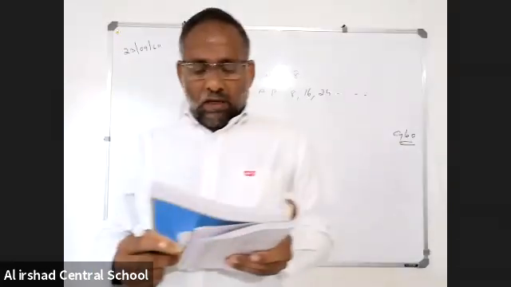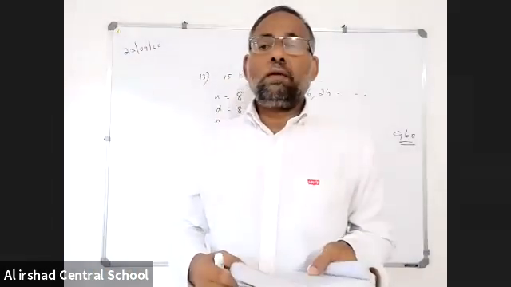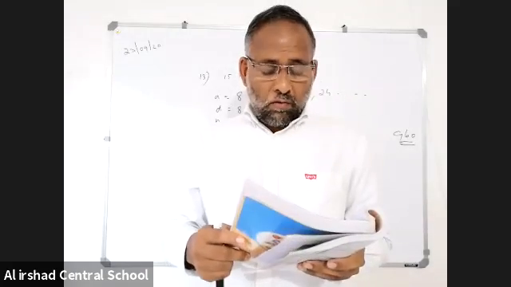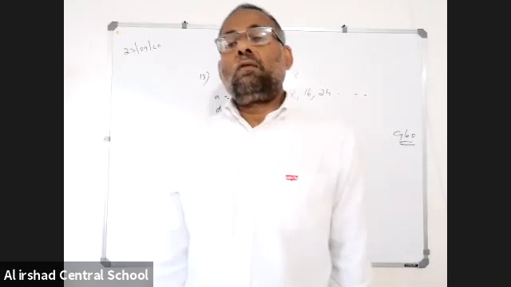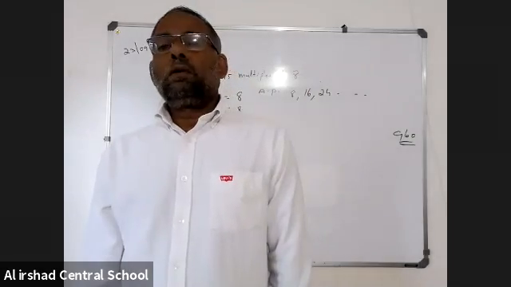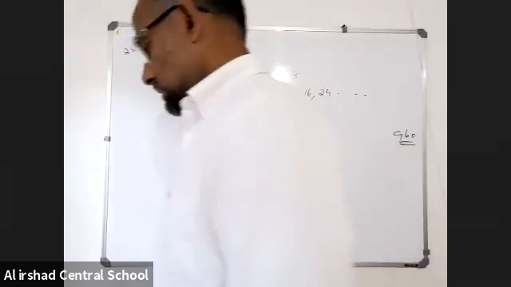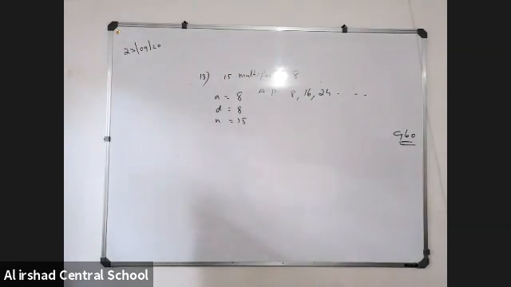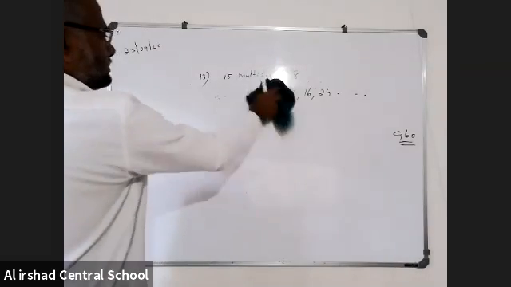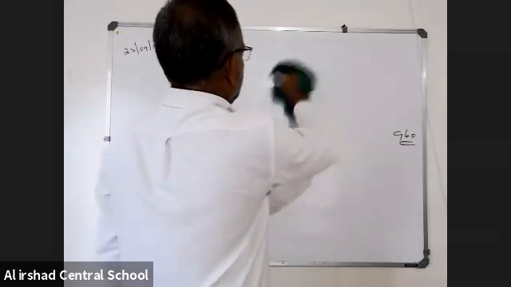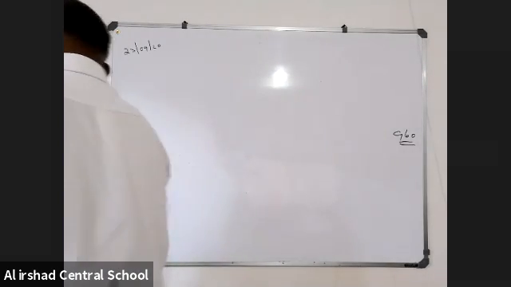Before this, 15 or 40 terms were given. Now it is the sum of odd numbers between 0 and 50. What to do? A small change is there, 50 in the question.